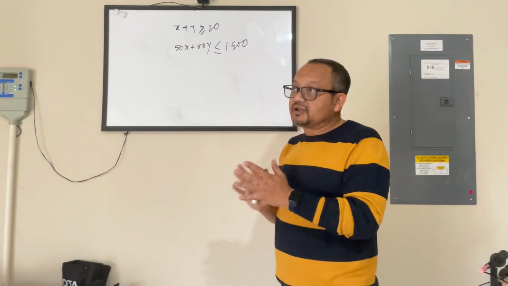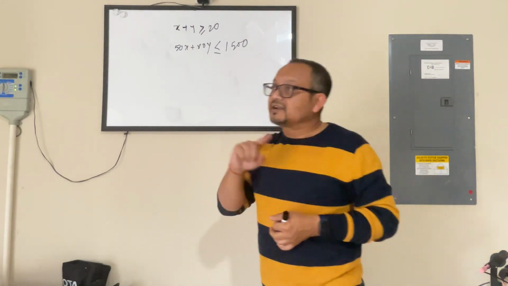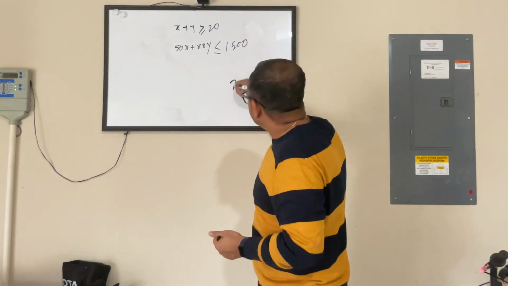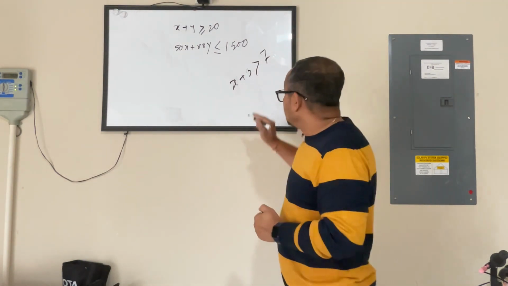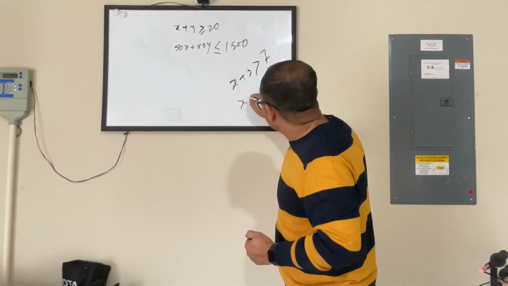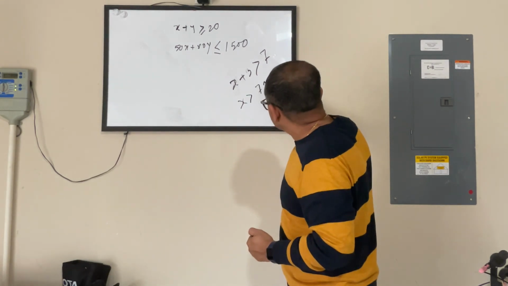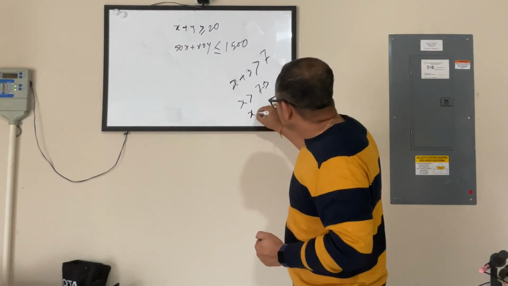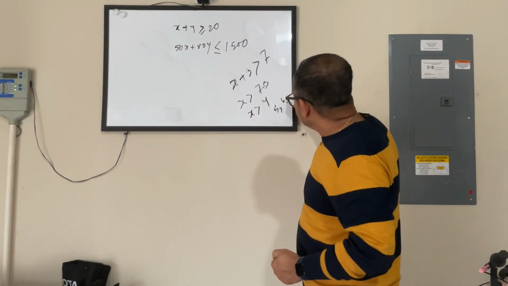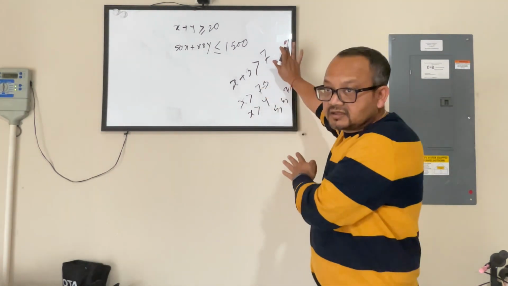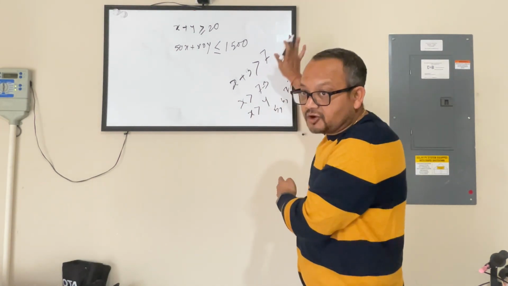Because when somebody says x plus 3 is greater than 7, what does it mean? That x is greater than 7 minus 3, so x is greater than 4. So be it 5, 6, 7, 8, those are the answers, and you can go on.